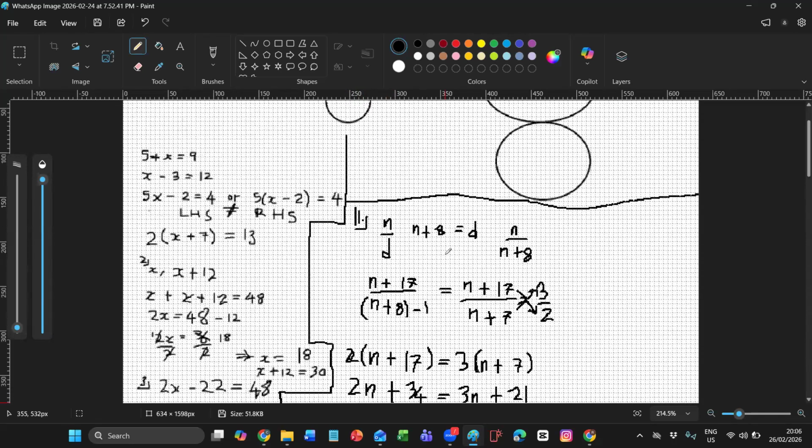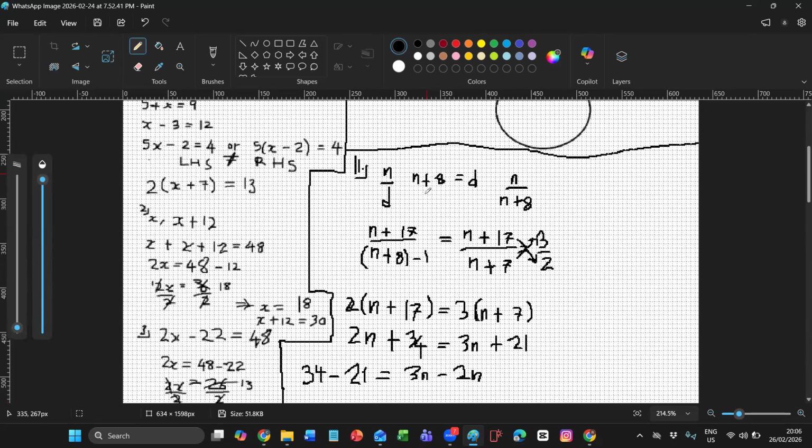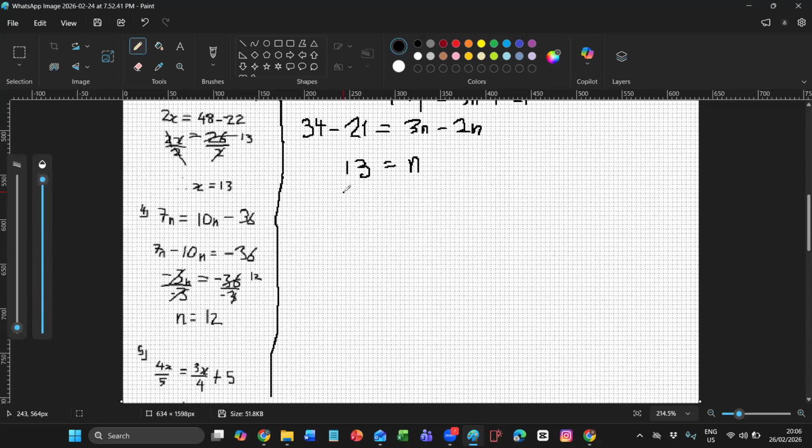We've established what n is. They told us that n plus 8 equals d. So that means d will be equal to what? 13 plus 8. So that's 21.